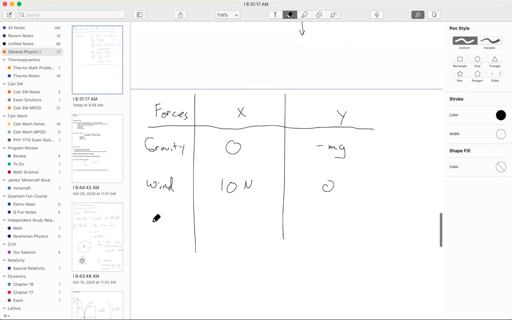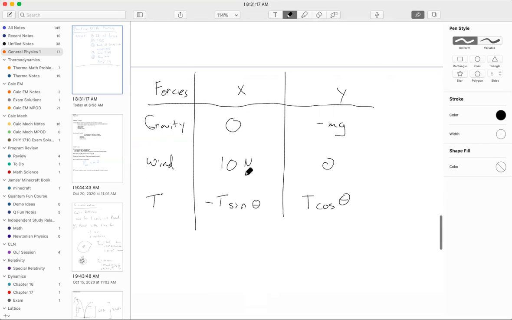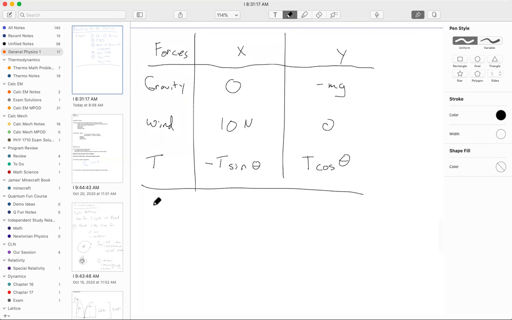And then we have the tension on the rope, and that's going to be minus T sine theta, and then the Y direction is going to be T cosine theta. Add those up, and I find, well, okay.